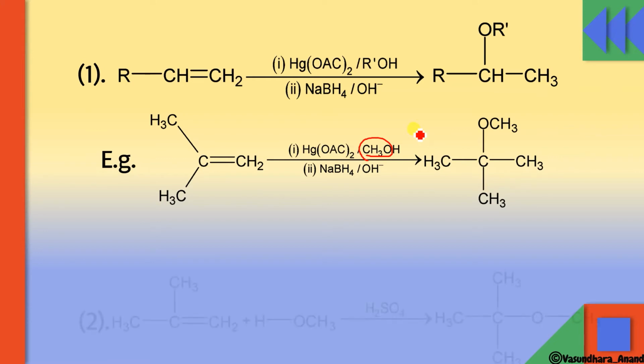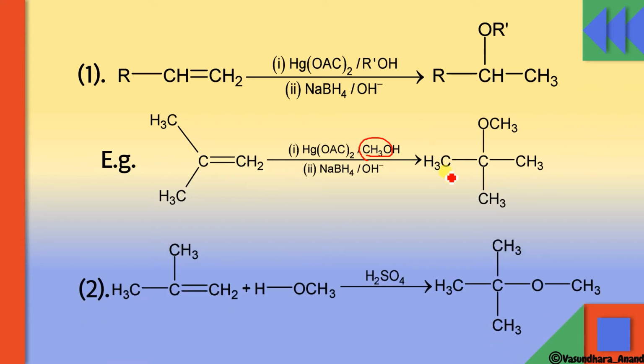Now next case, again this is a double bond, and again it will follow the Markovnikov rule, and where the hydrogen is less, the OCH3 group will attach. That means it is going to attach over here and it will form CH3, CH3, OCH3, and this is the name, methyl butyl ether.